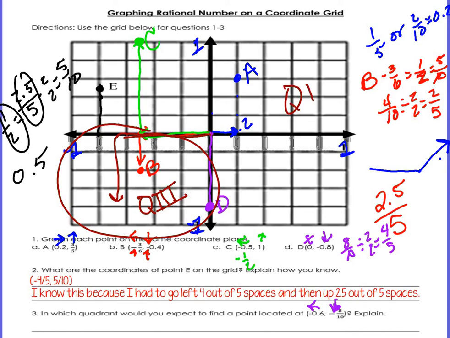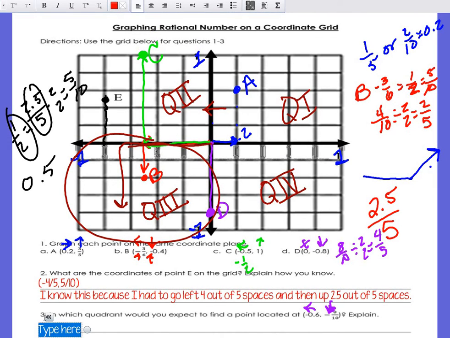So this is quadrant 1, which we're all used to because we use it a lot. And then we go this way. Okay, then it's quadrant 2. And then this would be quadrant 4. And more often than not, you're going to see Roman numerals to give you those quadrant numbers. That's a tough word.